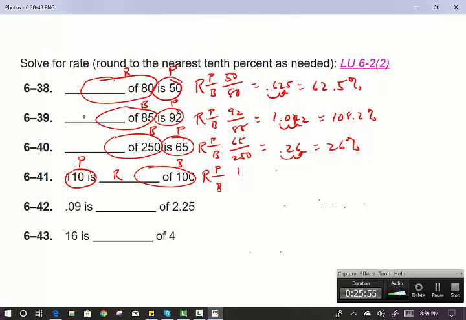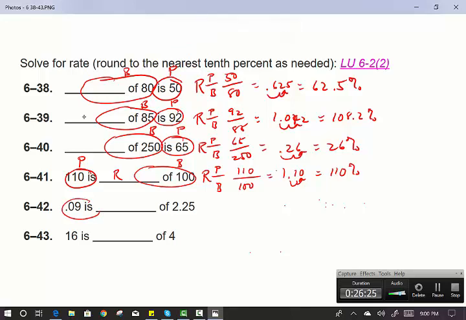So that's 110 divided by 100, and that's going to equal 1.10. Then we'll move the decimal point 2 places to the right to equal 110%. So 110 is 110% of 100.